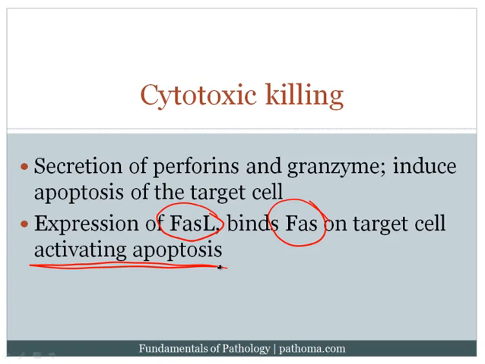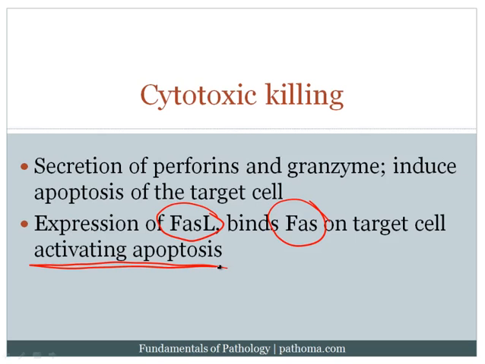One way was the intrinsic mitochondrial pathway, which was really driven by cytochrome C leaking out from the mitochondria and activating the caspases. Another way was via the extrinsic receptor pathway, and an example of that was Fas ligand. Another example was TNF binding the cells.